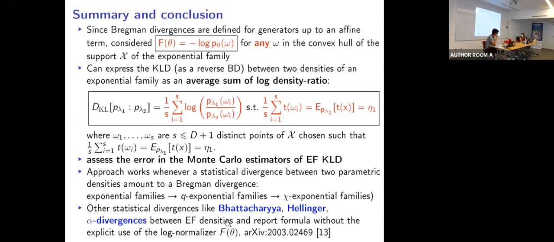We have also worked on this modulo affine term equivalence relationship to compute other statistical divergences like the Bhattacharyya or Hellinger or alpha divergence between densities belonging to some exponential family without explicitly using the cumulant function. Okay, so the details are reported in this report. Thank you very much for your attention.